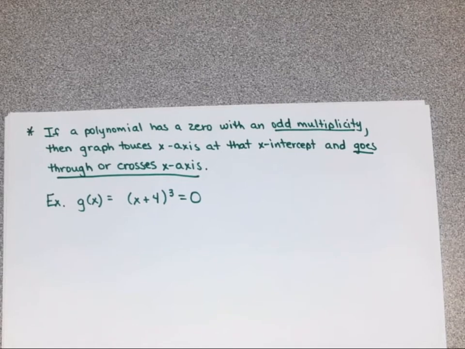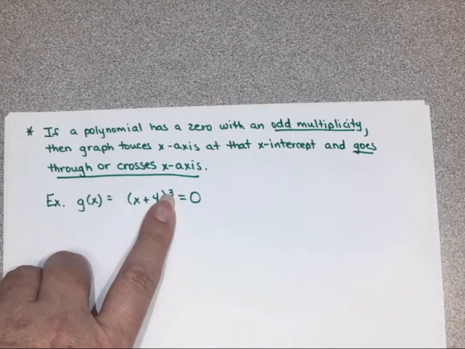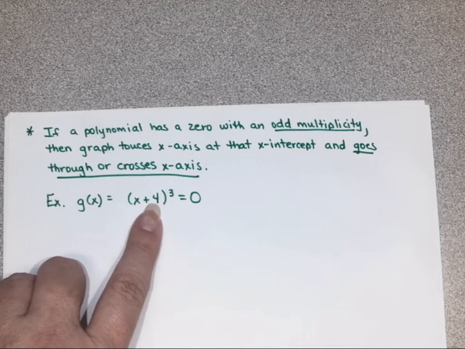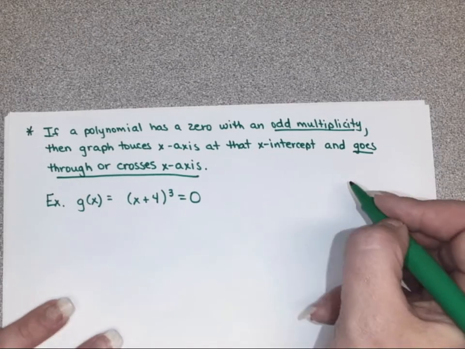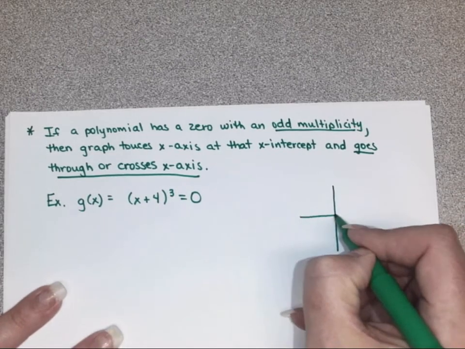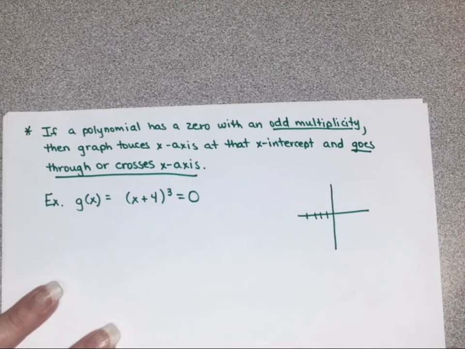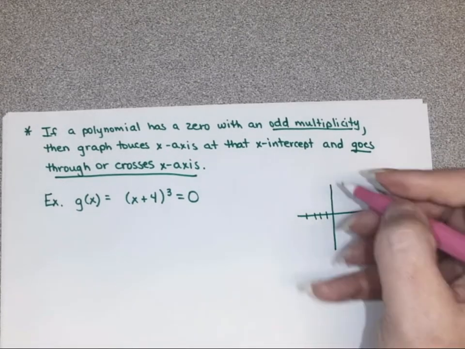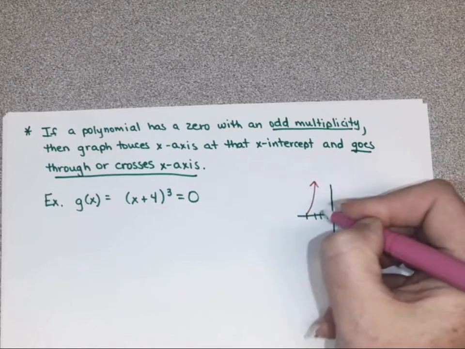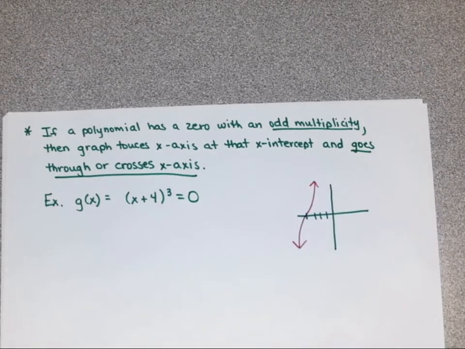You actually should know what it looks like, or at least be able to picture it or describe it in your head. What's it going to look like because of the cubed? The cubic graph, right? And then what do you know about the plus 4? It's going to shift it left 4. So let's go ahead and sketch it. So we know we're going to go left 4. And then if you remember what the cubics look like, they curve this way and then curve that way.